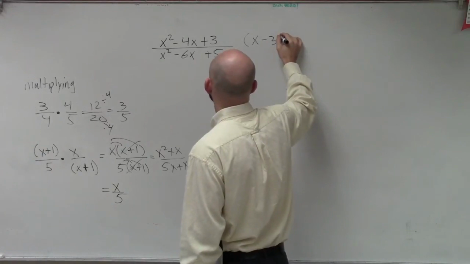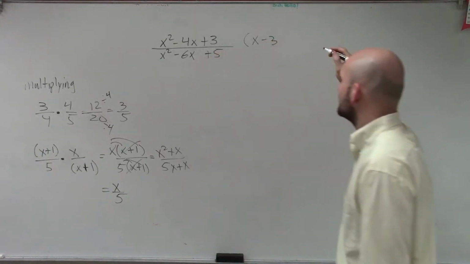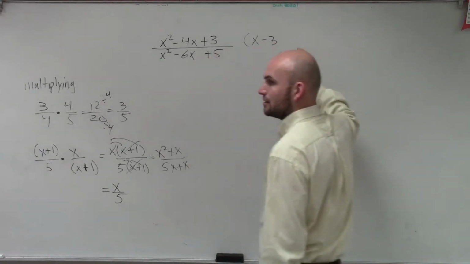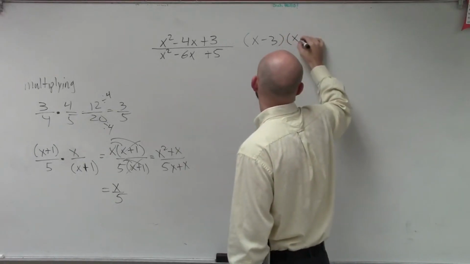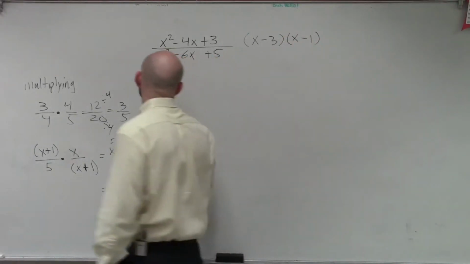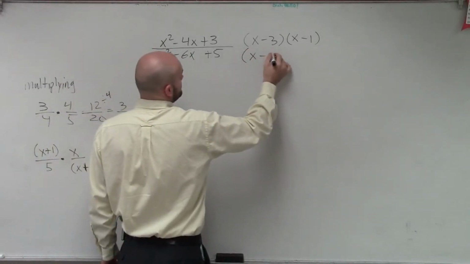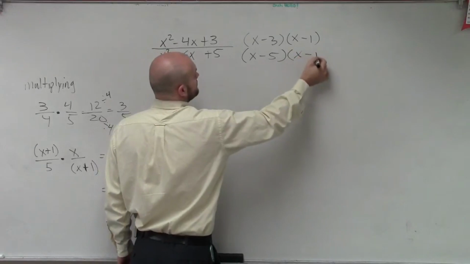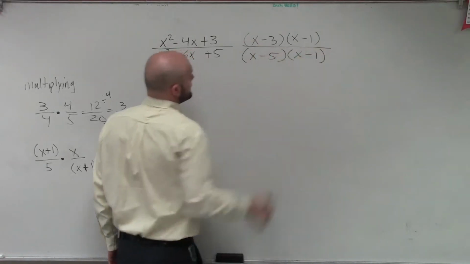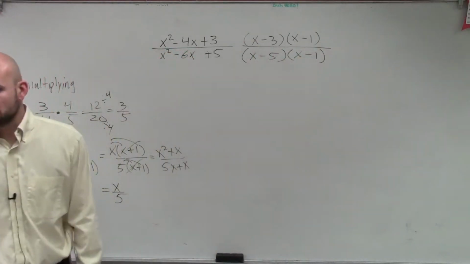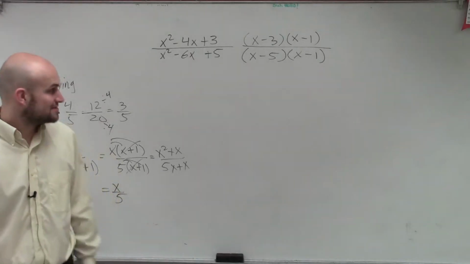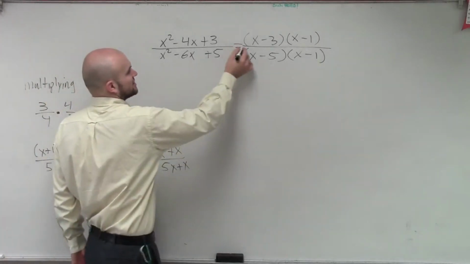x minus 3, x minus 1. Then on the bottom, x minus 1 and x minus 5. Now, in factored form, are these equal?